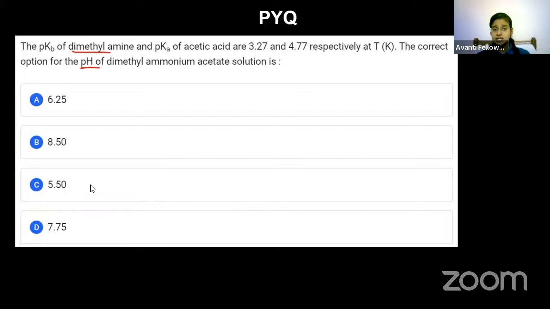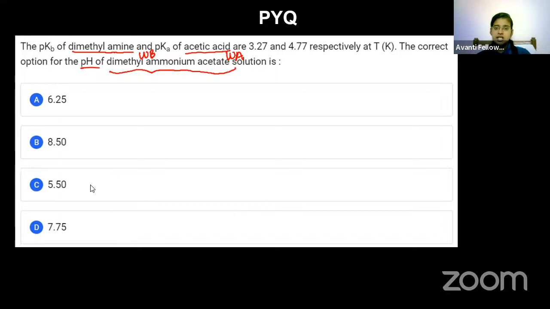It is a base. What type of base? Weak base. And acetic acid is a weak acid. And the pKa, pKb values for the acid and the base are also given. If we combine dimethylamine and acetic acid and they react with each other, they will form dimethyl ammonium acetate solution. And we have to find out the pH for it.